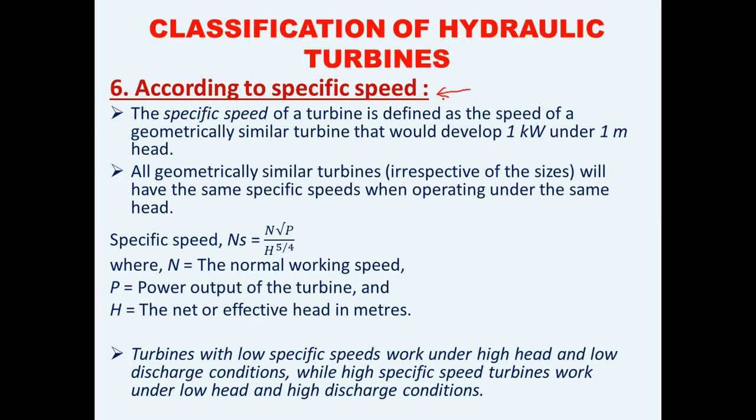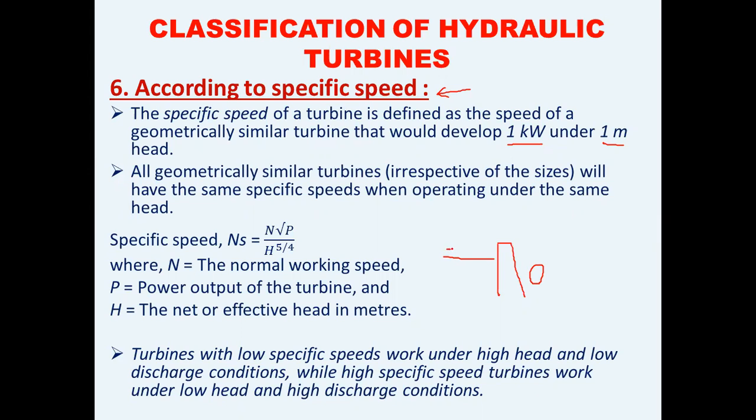Now, this specific speed, consider a turbine which produces a power of 1 kilowatt for 1 meter head. So for 1 meter height of water on the upstream side of the dam, the turbine is going to produce 1 kilowatt of power.